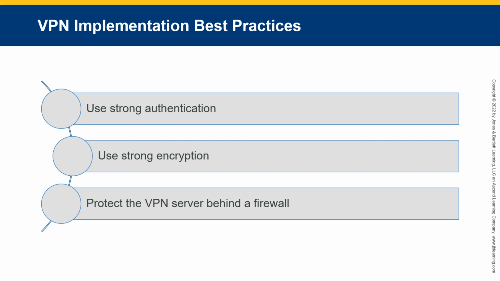Usually AES-256 is always a good TLS cipher to use. You can go higher than that. Try and stay away from stuff like triple DES. Most of those have been cracked already, so you want to stay away from that. Again, it's best to put the VPN server behind the firewall and have the firewall publish the VPN server.